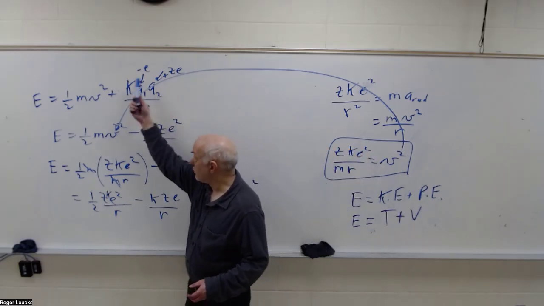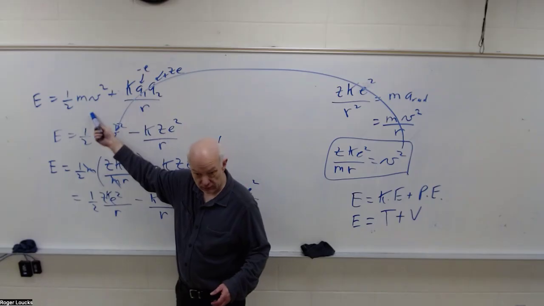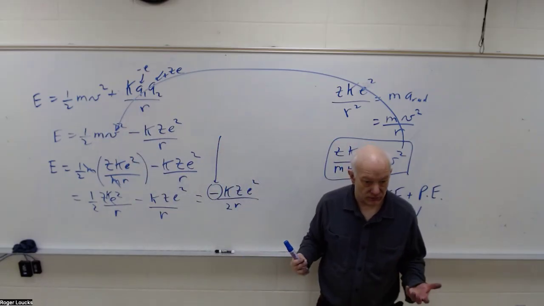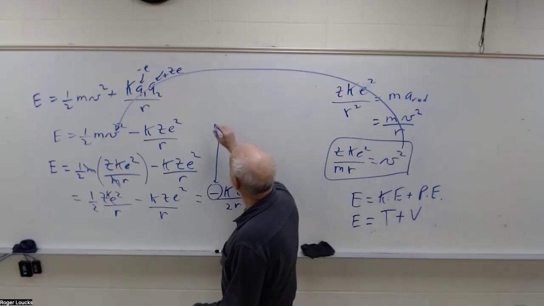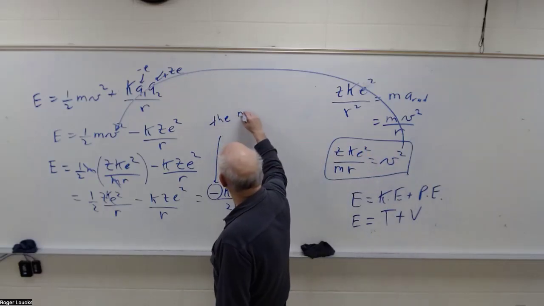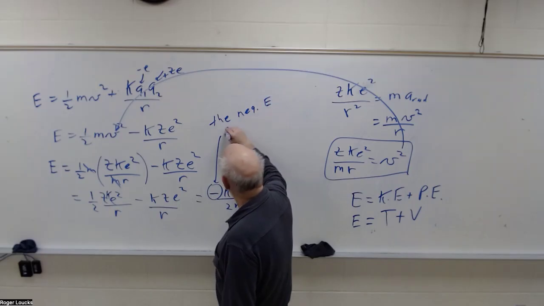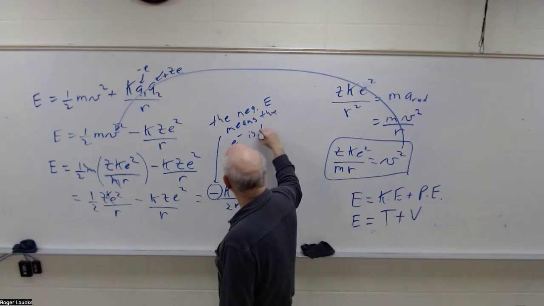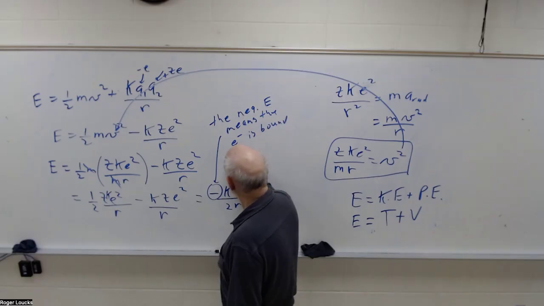Yes, looking at the magnitude, the potential energy is outweighing the kinetic. So the negative sign means that the electron is bound to the system. The negative E means the electron is bound.